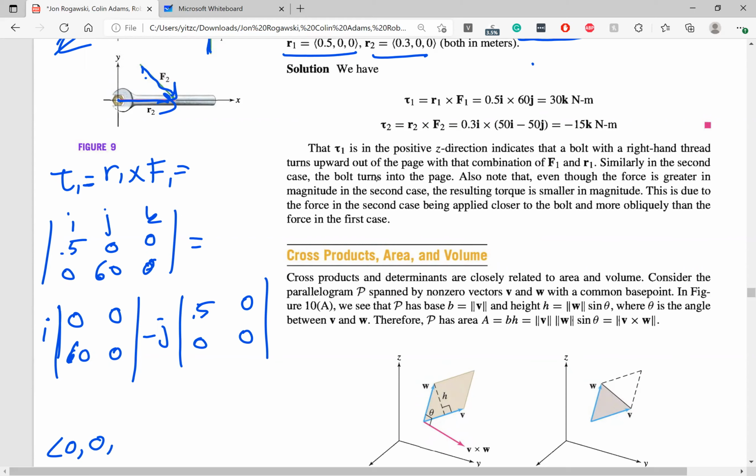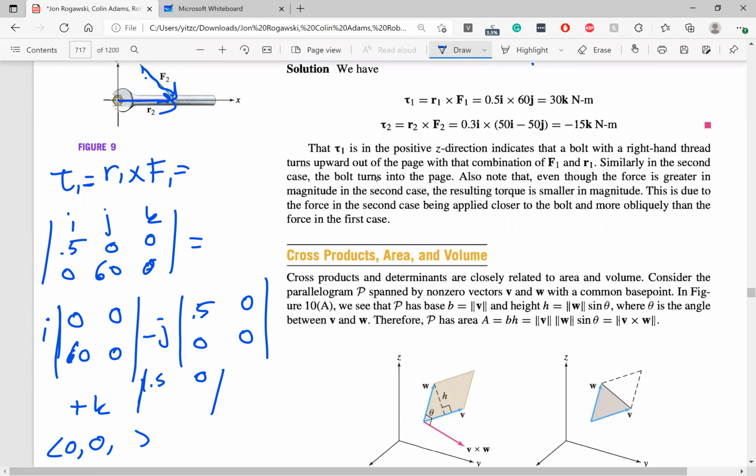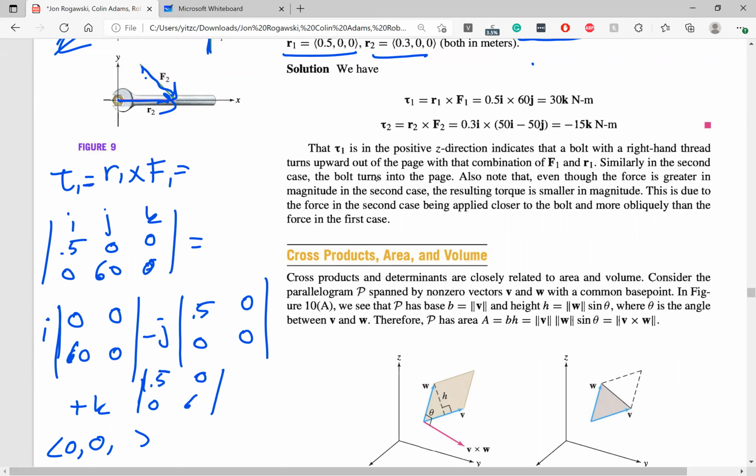So you get 0. And then in the K component, you get plus K times the determinant of 0.5, 0, 0, 60, which is 30. So now you know your torque. It's going only in the Z direction, which makes sense because your forces are being applied in the X and the Y direction.